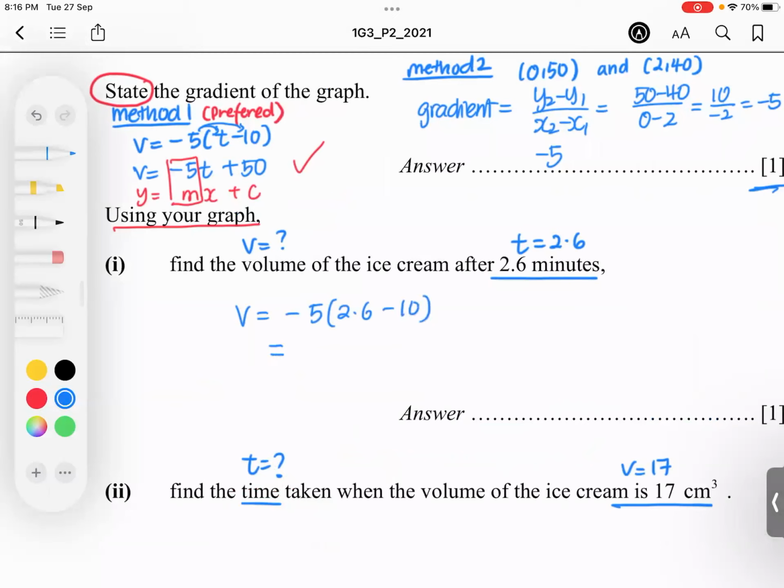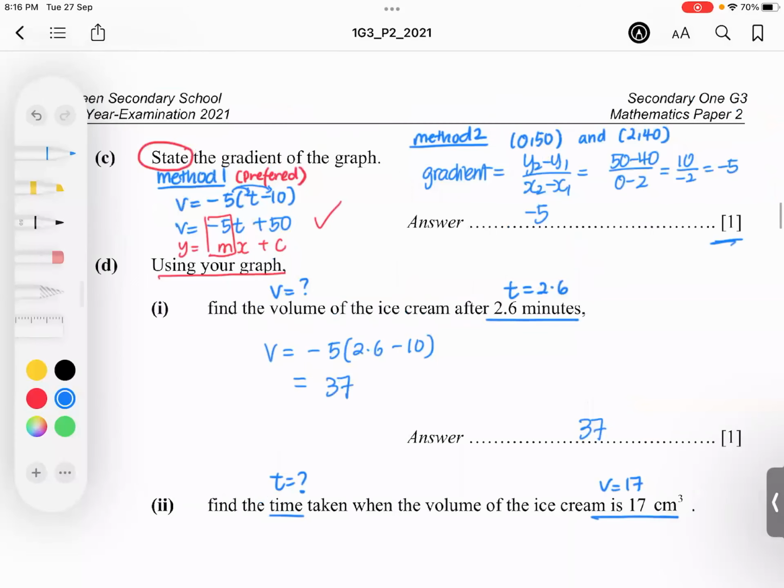Somebody use a calculator, please, and tell me the answer. What's our calculator answer? My calculated answer is 37. So the number from my original graph, 37, is the correct answer.